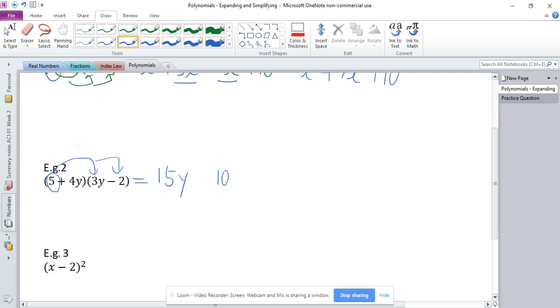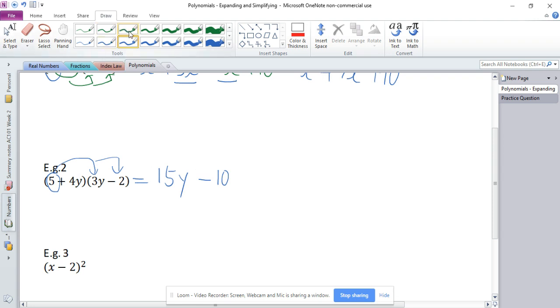Note, some students will be confused, should I put negative or positive? Here, the sign before 5, you can't see a negative sign, right? So that means it's positive 5. Positive times negative is negative. Simple as that. Done.